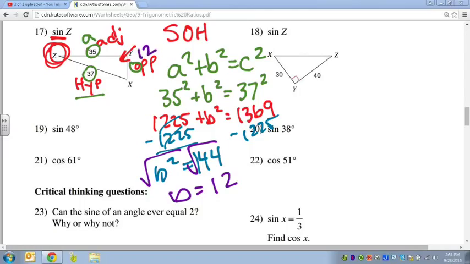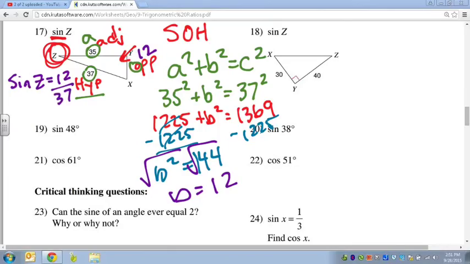It's 12. So that's part one, because if you didn't know the opposite side, how are you supposed to find sine of that angle? So now we can do opposite over hypotenuse. Back to the original problem, I have sine of z equals opposite, which we just found, 12, over 37.